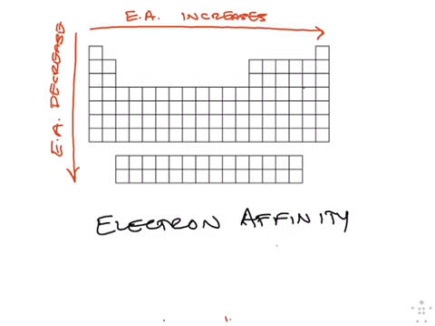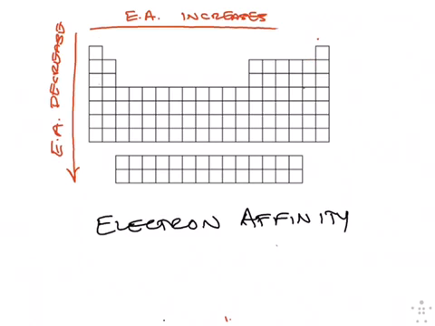Contrast that with going across the periodic table. It increases over to this side of the periodic table because Coulombic attraction is very strong. Okay, you've got small atoms over here. They have a higher core charge, more protons in the nucleus, so you're going to see that they have a better ability to attract electrons.